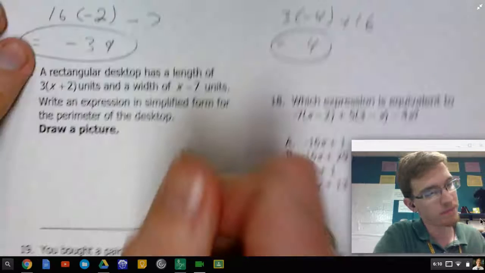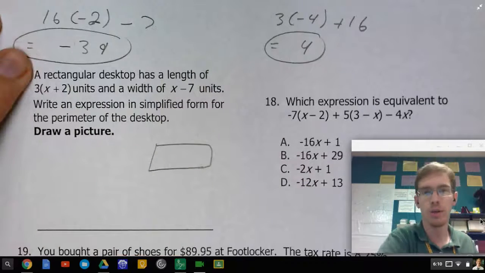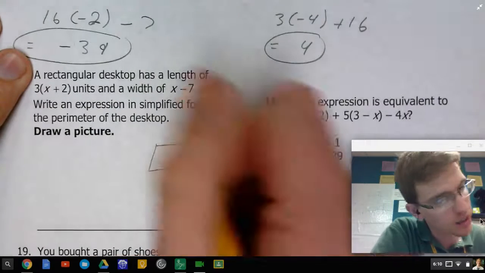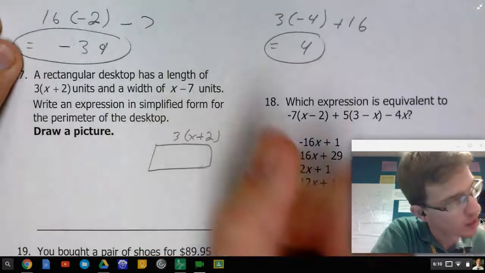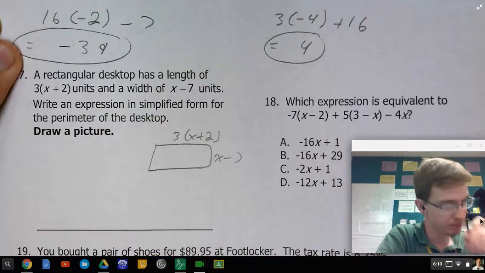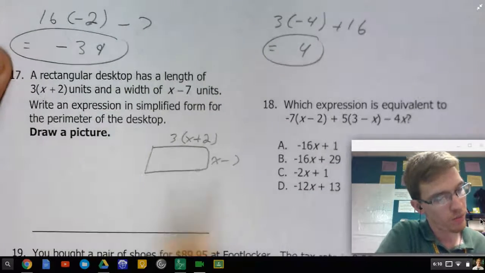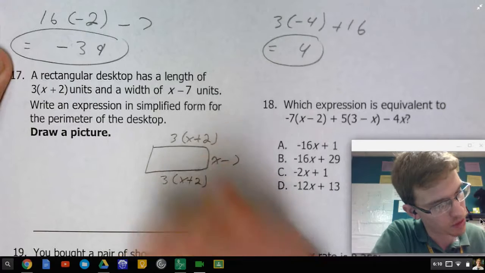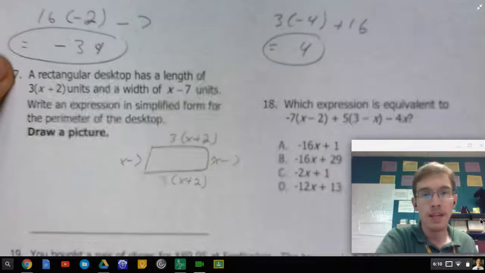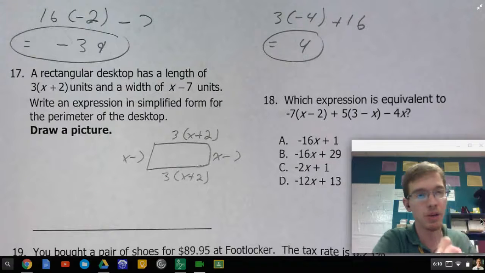Draw a picture. Here, this is just a good idea, good business to draw a picture. So we have a length of 3 times x plus 2 and a width of x minus 7. So that means these other sides are 3 times x plus 2 and x minus 7. Now what this comes down to is that we're finding the perimeter, adding up all the sides.